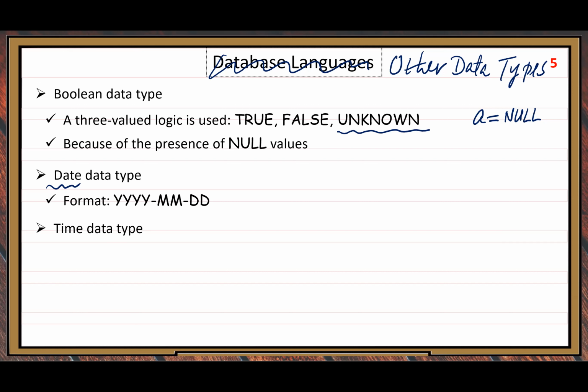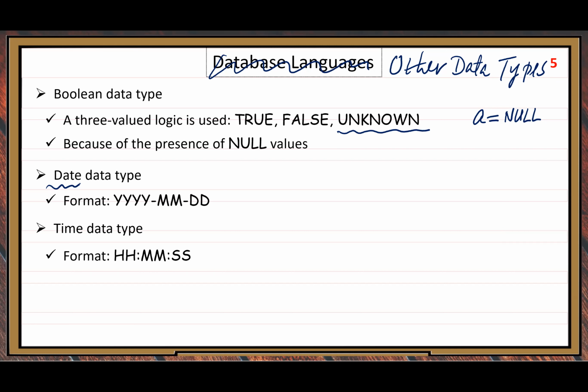Time data type. Similarly for time, we need to take a format, but this one is just as usual, okay: use a colon to separate the hour part, the minute part, and the second part. All right.